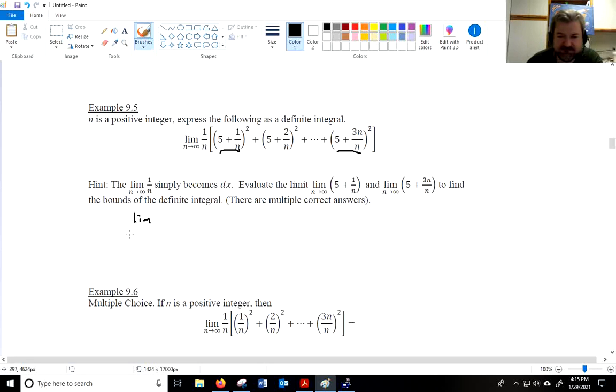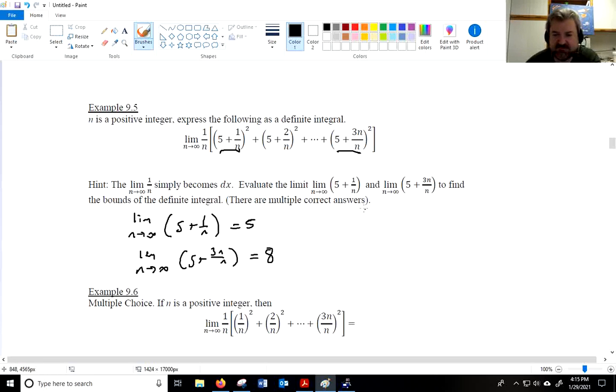So let's take a look. The limit as n goes to infinity of 5 plus 1 over n. Well, if I plug in infinity, 1 over infinity is 0, and 5 plus 0 is 5. The limit as n goes to infinity of 5 plus 3n over n, well, in that case, the n's reduce out, and I just get 5 plus 3 is 8.